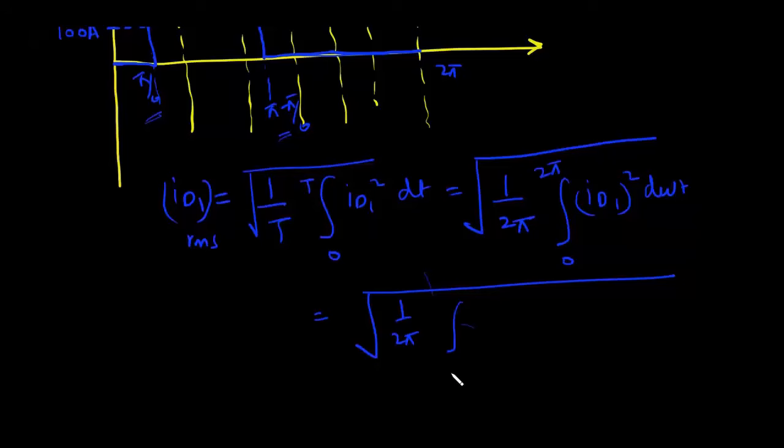So this integral will reduce to pi by 6 to pi minus pi by 6, 100 square d omega t.